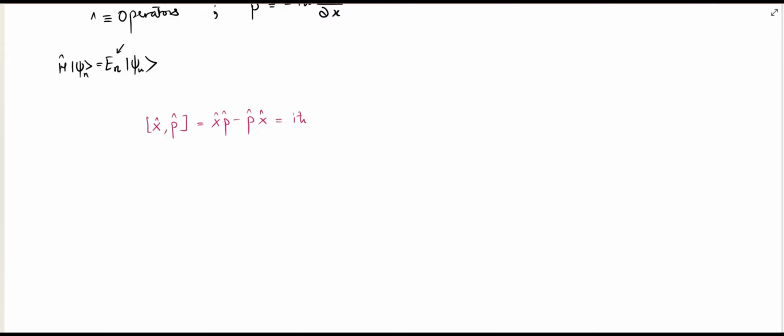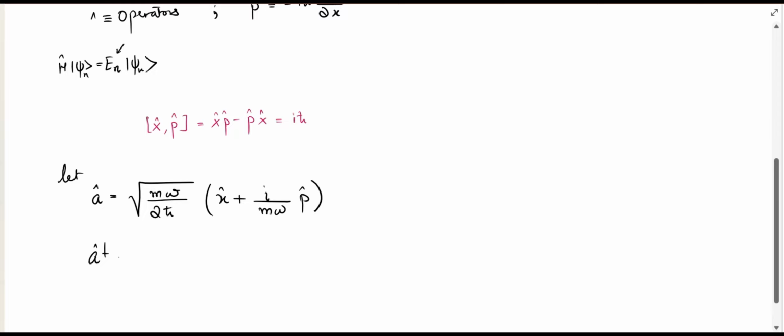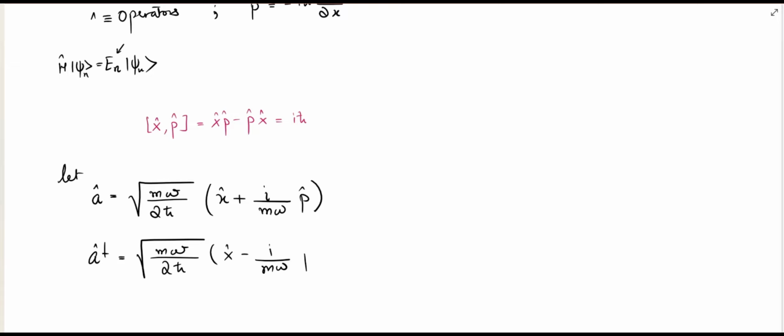Now, let us define another two operators which are related to these x cap and p cap as a cap, which is equal to root of m omega by 2 h bar times x cap plus i by m omega p cap, and another operator a dagger, which is equal to root of m omega by 2 h bar times x cap minus i by m omega p cap.